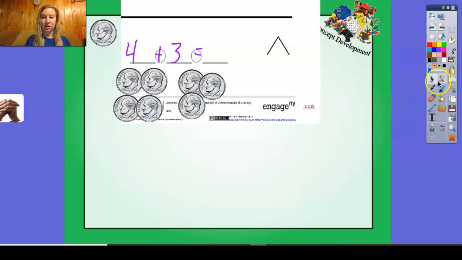So if we're counting, we're going to say 10, 20, 30, 40. So that's 40 cents plus 10, 20, 30, 30 cents. We have a total of 70 cents. So we're going to put our 70 up there as our whole, and our part is 40, and our other part is 30. Because a dime is worth 10, think about these as a group of 10.